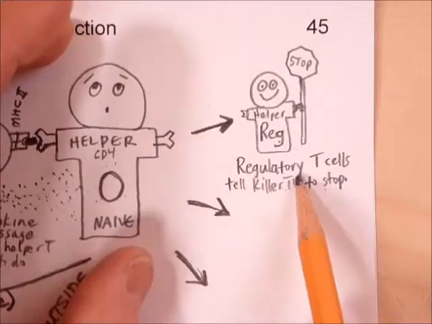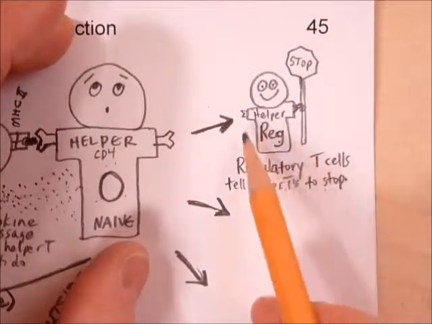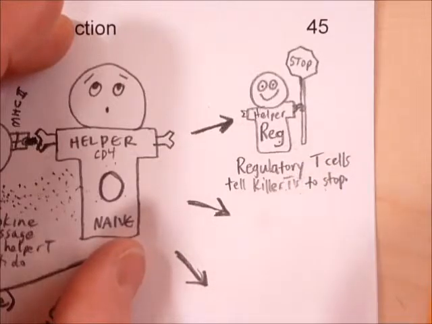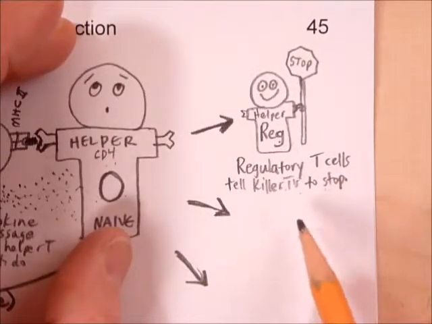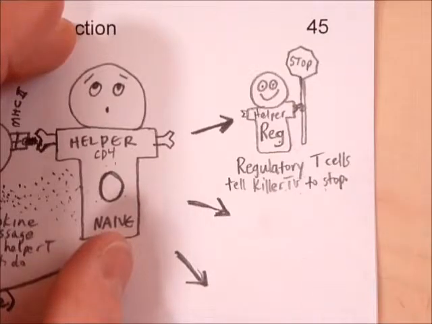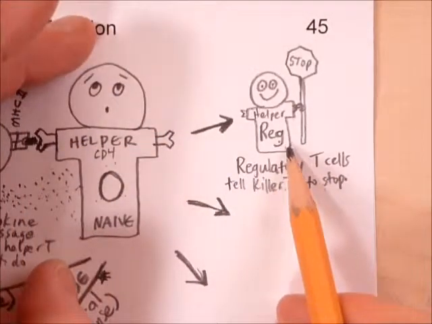There've been experiments that suggest if you can take some of the regulatory cells out of somebody, multiply them in a test tube, get a whole bunch of them, and shoot them back in, it calms it right down. But it's really difficult to do. It's not really something that your standard doctor's office does. But anyways, these regulatory guys are really, really important. There's not a lot of them.